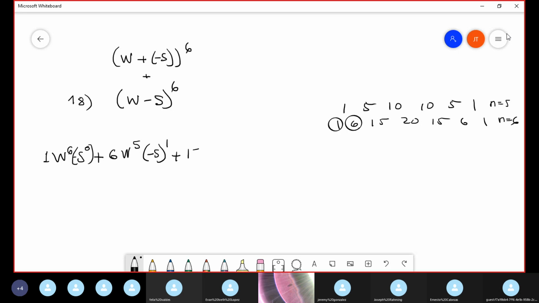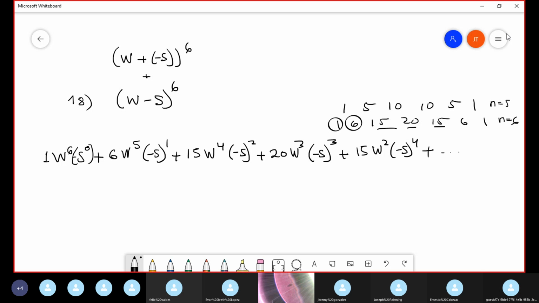Plus 15 w4 minus x squared. This stays positive. Plus 20 w3 minus x to the 3rd power, no? 3 plus 3 is 6. Plus 15, so we're doing here now 15 w squared minus x to the 4th power.